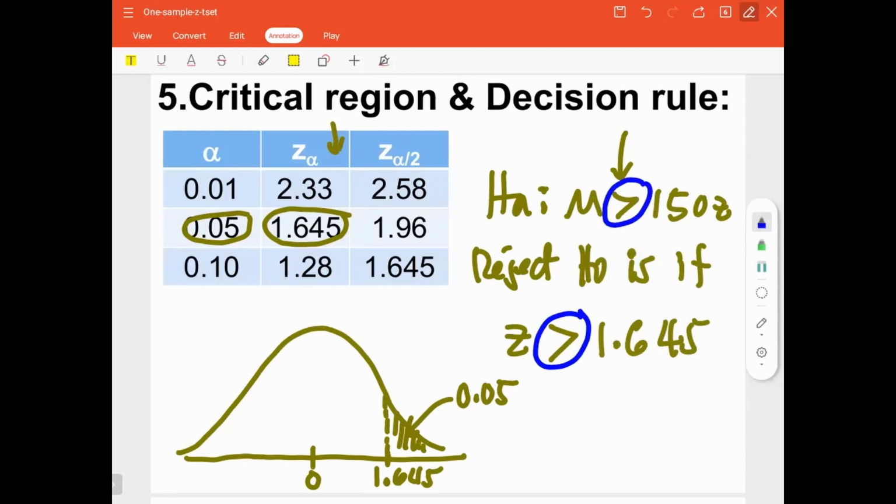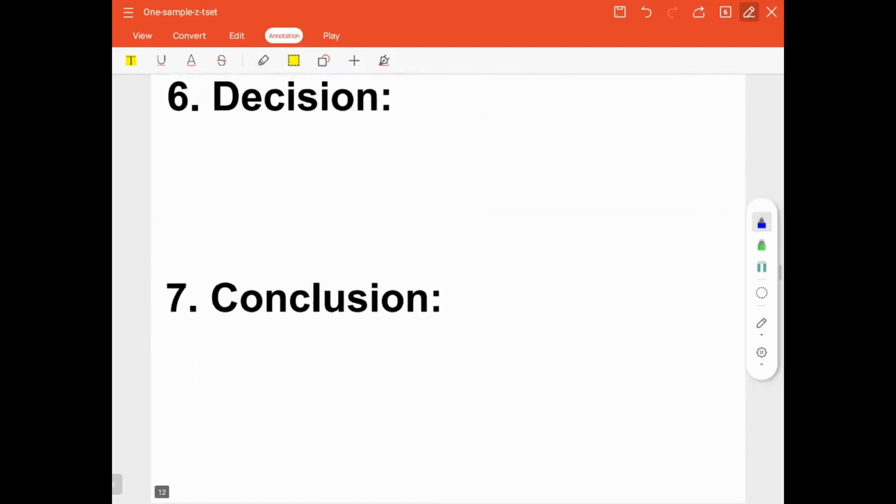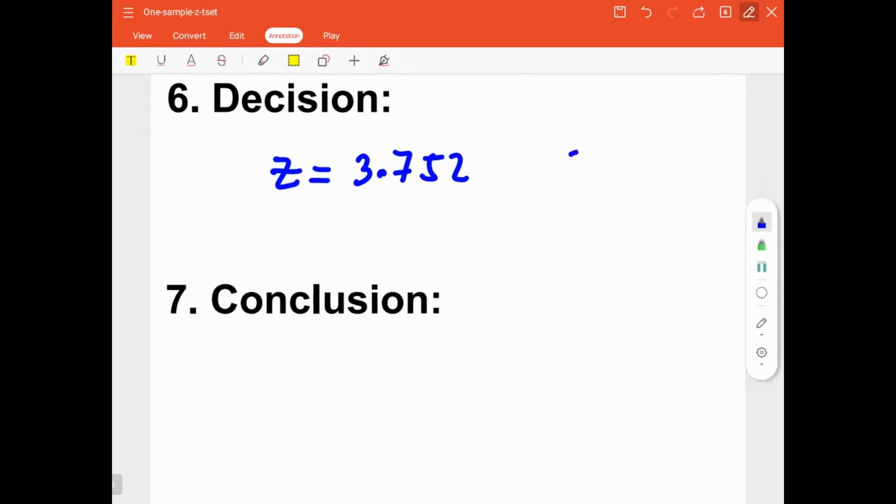Right? So there. So, let's now come up with our decision. Now, again, the computed value of the z statistic is z is equal to what? 3.752, right? And we'll compare this to the critical value, which is z of alpha, which is 1.645.